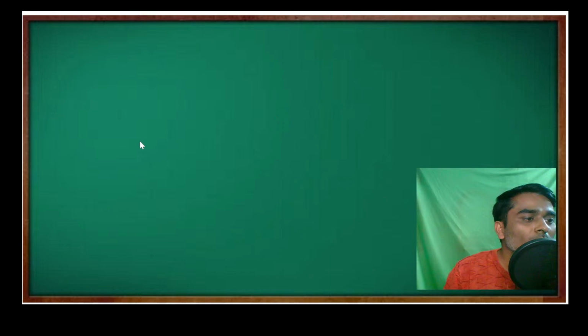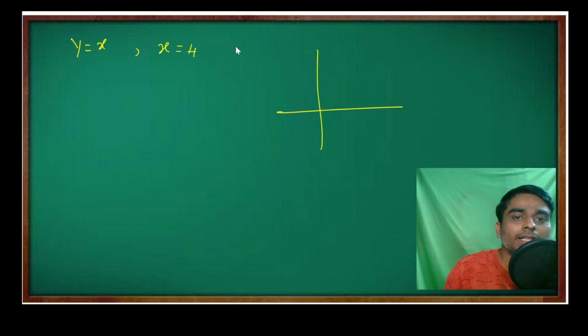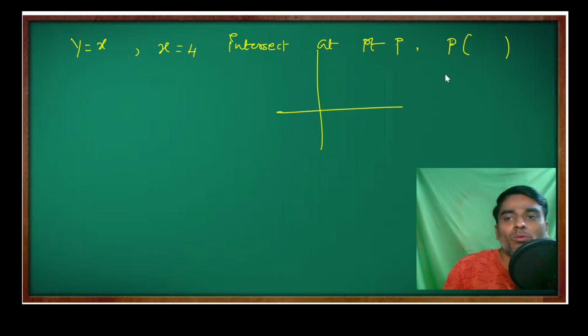Okay, let's go to the next question. The lines are represented by y equal to x and x equal to 4, and the graph is, okay, these are the lines, they intersect at point P. Find the coordinates of point P, means what coordinates belong to P. So coordinates, remember the basic I am explaining, listen to me carefully.